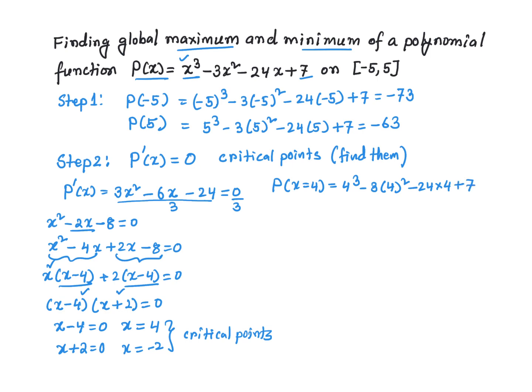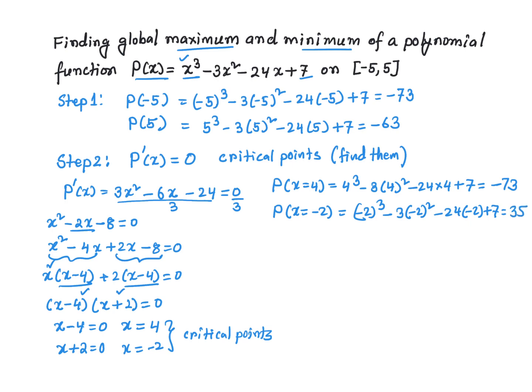If you do the math here, I think you should get negative 73. And then we need to evaluate p of x is equal to negative 2. And that's going to give me negative 2 cubed minus 3 times negative 2 whole square minus 24 times negative 2 plus 7. And that should give you 35, I believe.